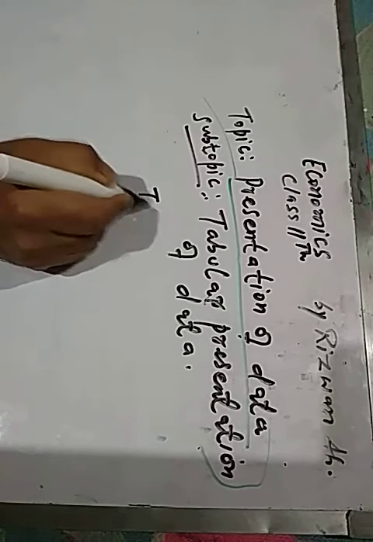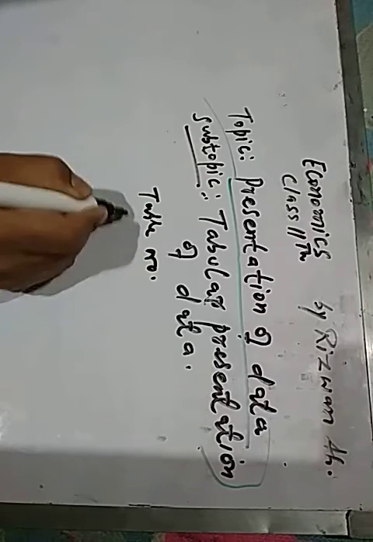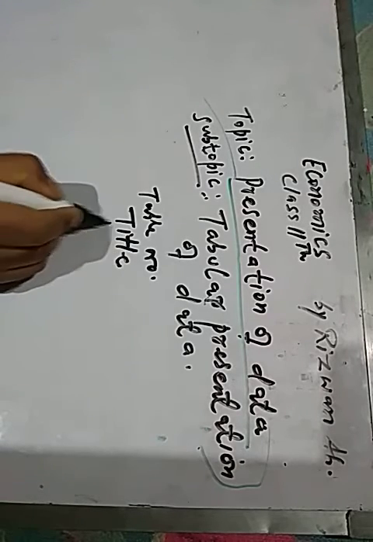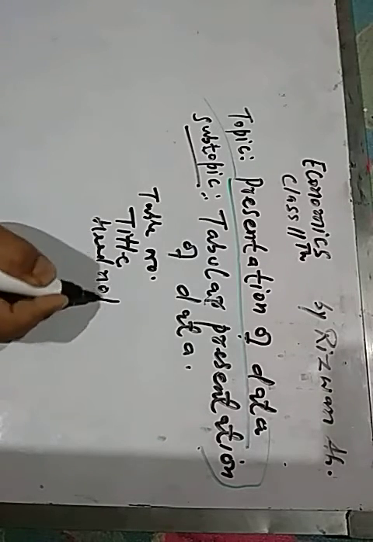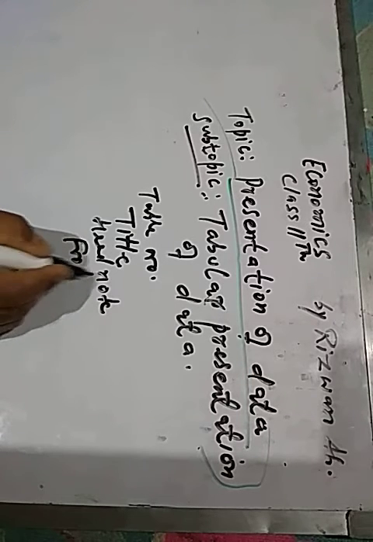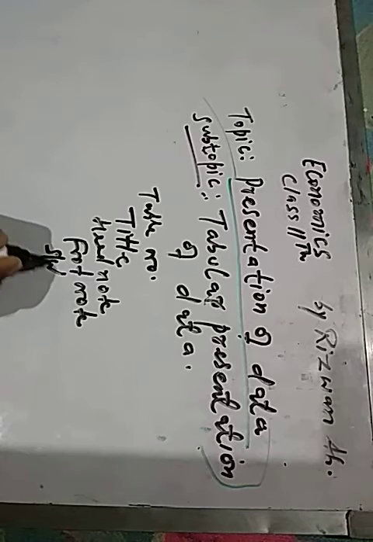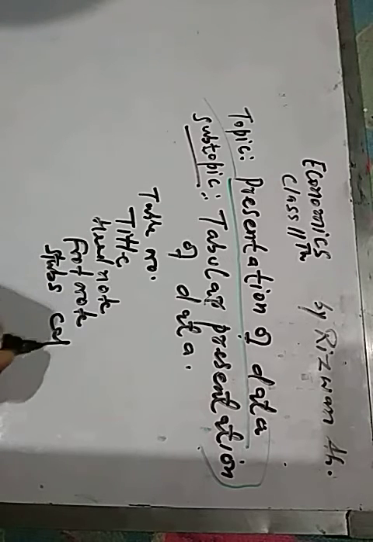And there are components of a table which we have studied in this lecture, such as table number, title, head note, footnote, stub, captions, source, body, field.